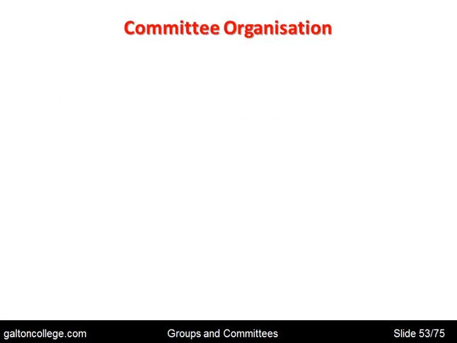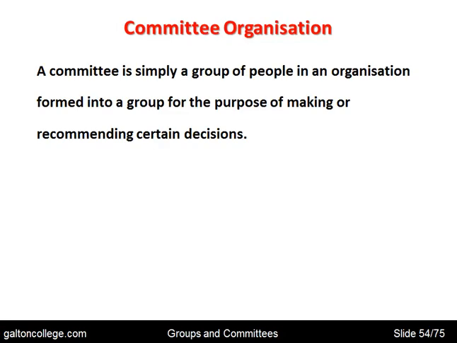Now, committee organisation. Well, a committee is simply a group of people in an organisation formed into a group for the purpose of making or recommending certain decisions. So committees are just groups of people who meet so that they can make decisions and make recommendations, perhaps to management.